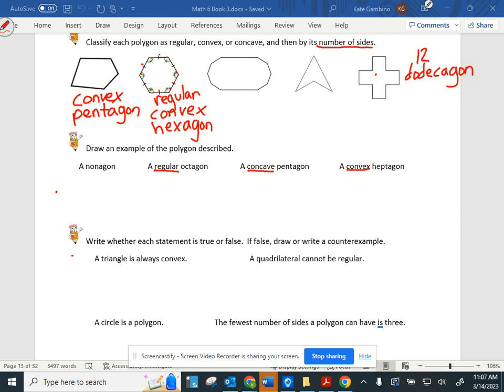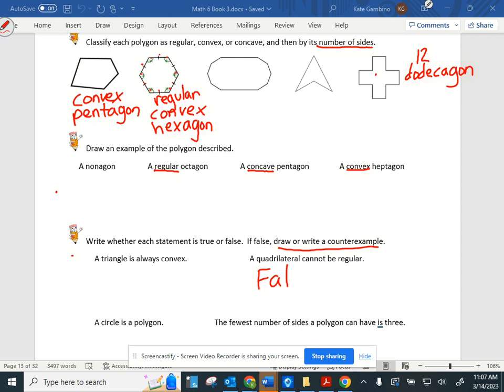Then underneath that, it says true or false. And if it's false, draw or write a counterexample, something that would make it true. So if it's false some way, draw what would be true for that. So an example would be a quadrilateral cannot be regular.